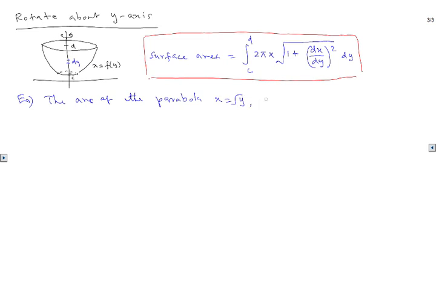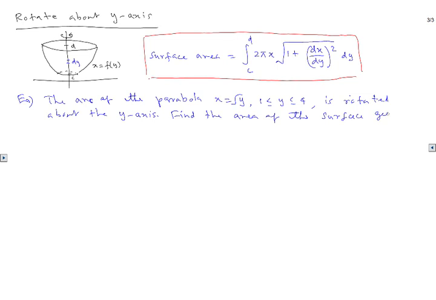Here we can say y going from 1 to 4 is rotated about the y-axis. Find the area of the surface generated.